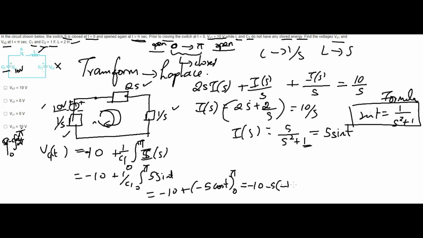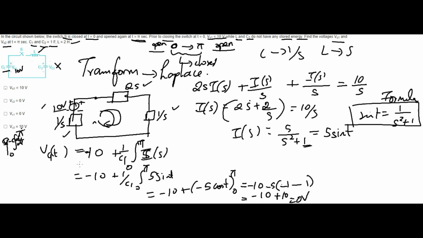Minus the lower limit cos 0, what is that? Cos 0 is 1, is it right? So minus 10, and then afterwards minus 1 minus 1 is minus 2, so 5 into minus 2, it becomes, minus 5 into minus 2, it becomes plus 10. So you know that minus 10 plus 10 is equal to 0 volts.